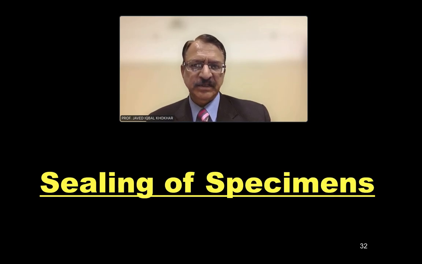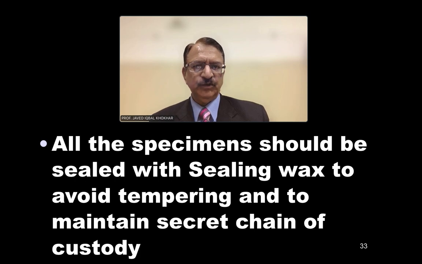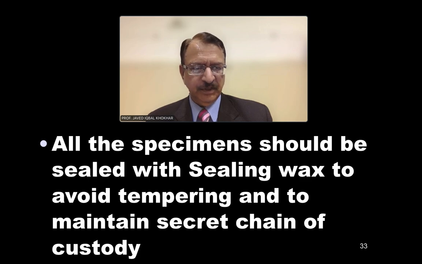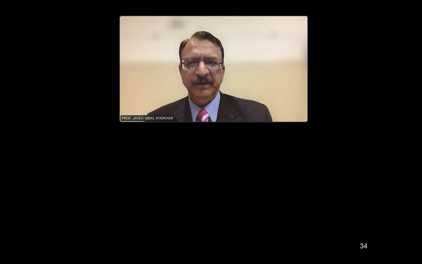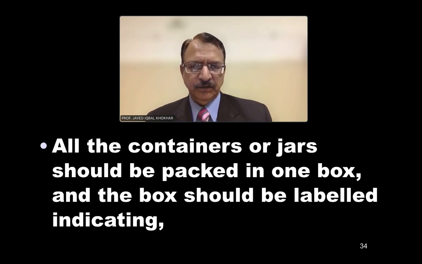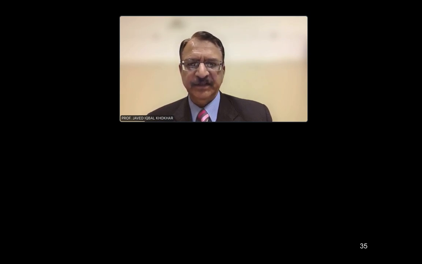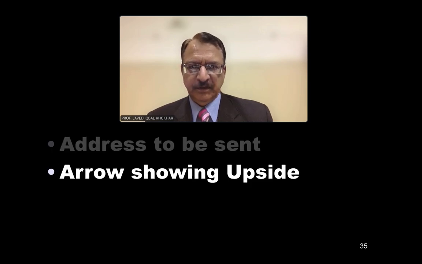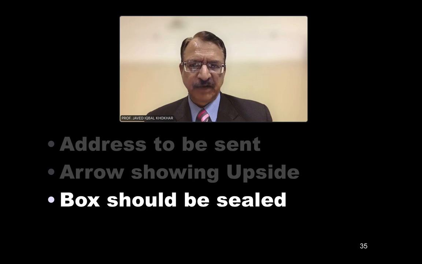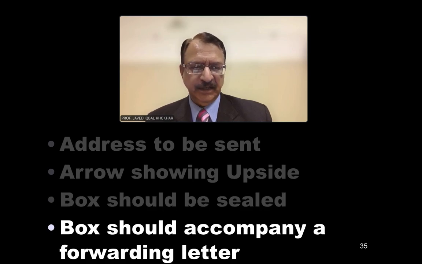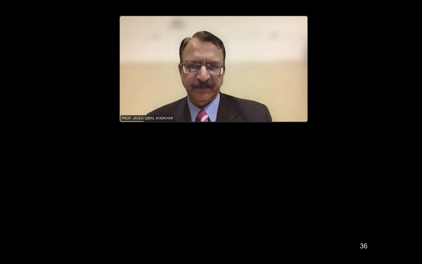Then all the specimens are sealed, and for that purpose we use sealing wax so that it should avoid tampering, and the safe chain of custody should also be maintained. So all the containers are then put in one box, and that box should also be labeled indicating the upside and all the addresses where it is going. Then the arrow for the upside is marked, the box should be sealed, and it should accompany the forwarding letter.